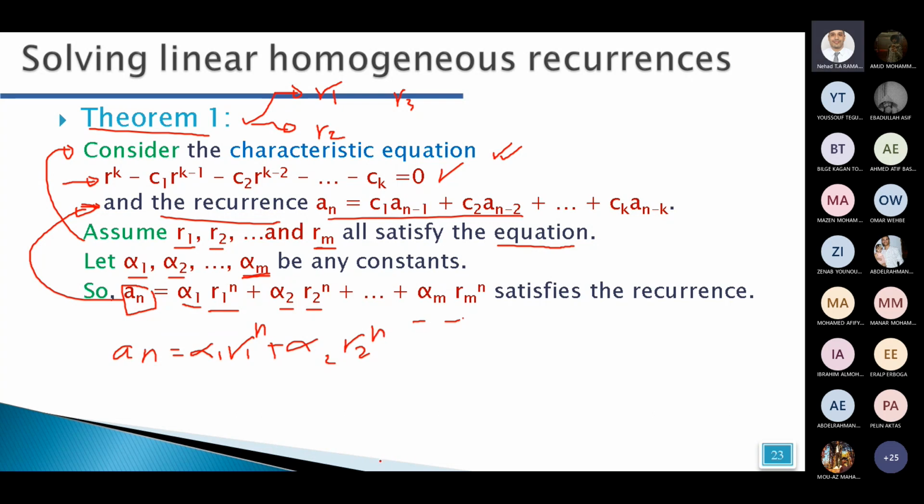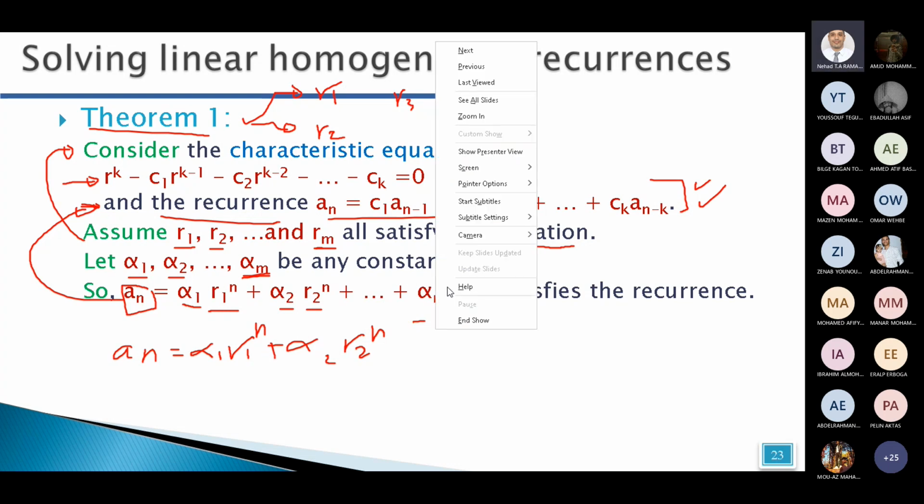Okay, what are alpha 1, alpha 2? It's easy to calculate alpha 1, alpha 2 if we have the initial values for the recurrence relation. We will use the initial values to get the constants.